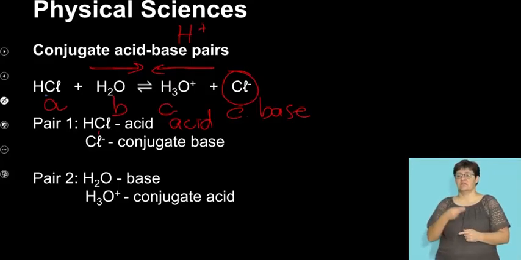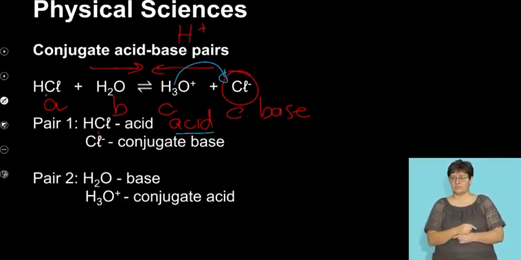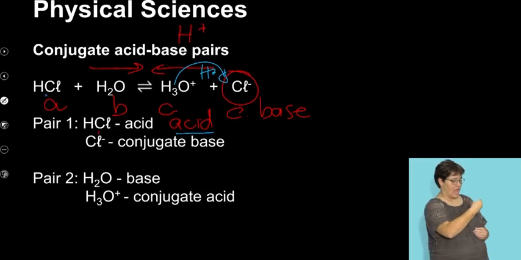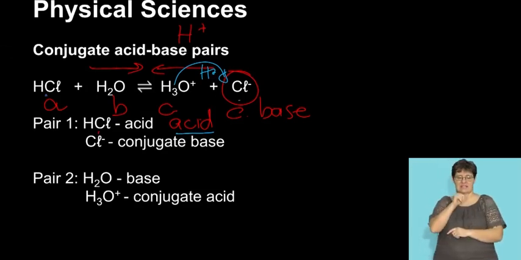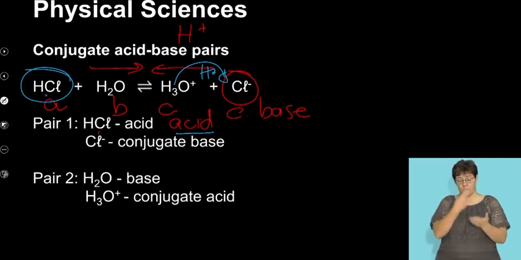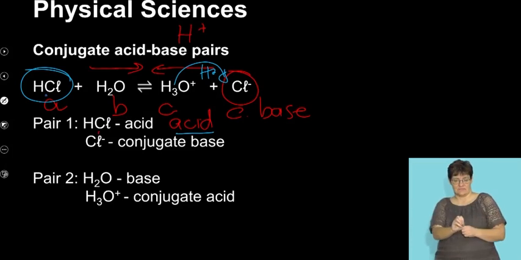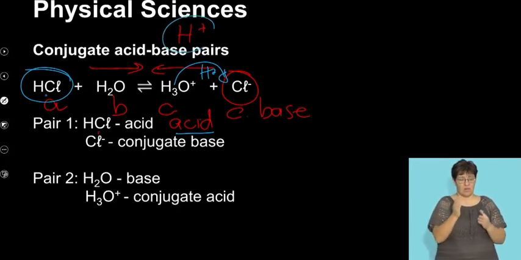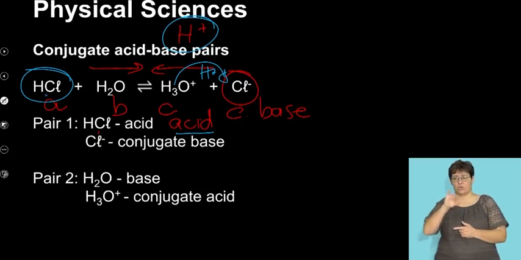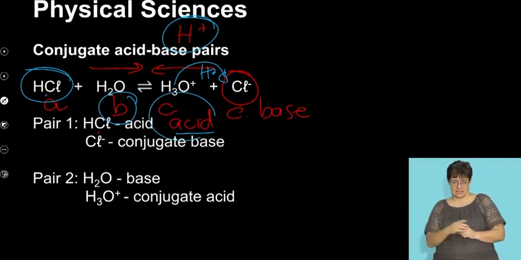So, if the hydronium ion donates the proton, it makes it the acid, and the chloride ion will be the base, and when it accepts that hydrogen ion, it becomes hydrogen chloride. So for both your forward and your reverse reaction, you should be able to see the difference of a proton between an acid and a conjugate base, or between a base and a conjugate acid.